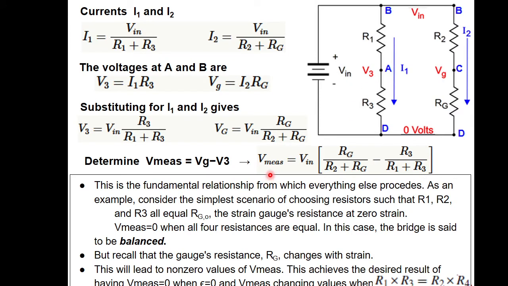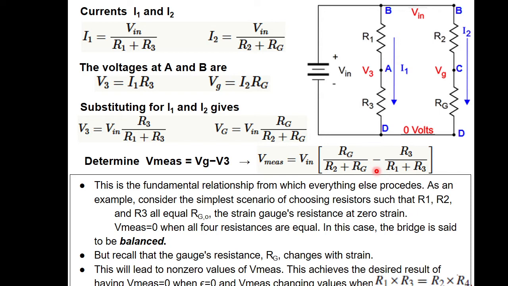So what is this Vg minus V3? This is the measured voltage. What is this difference? Let us substitute V3 and Vg here. So this V measurement becomes V in common, this one minus this one.